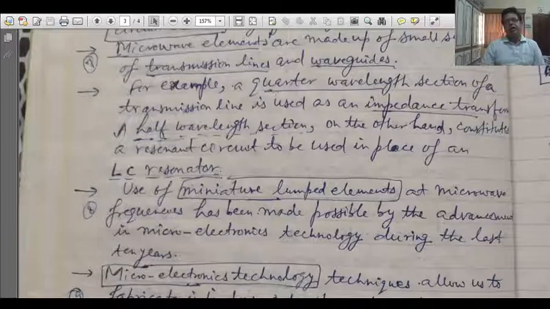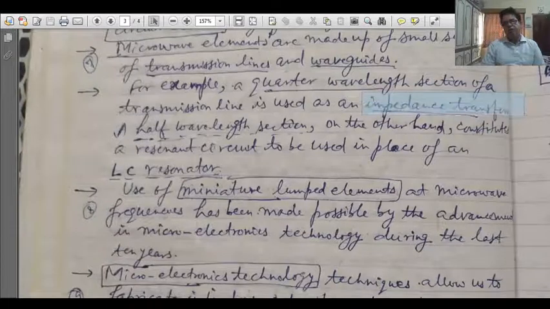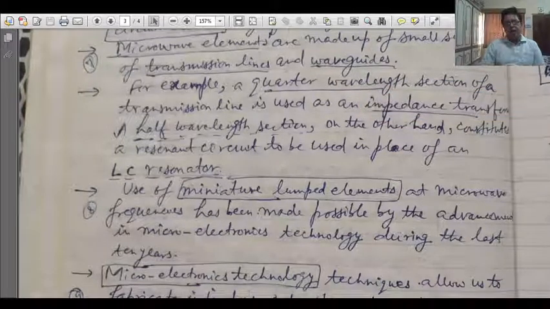For example, a quarter wavelength section of a transmission line is used as an impedance transformer. A half wavelength section, on the other hand, constitutes a resonant circuit.